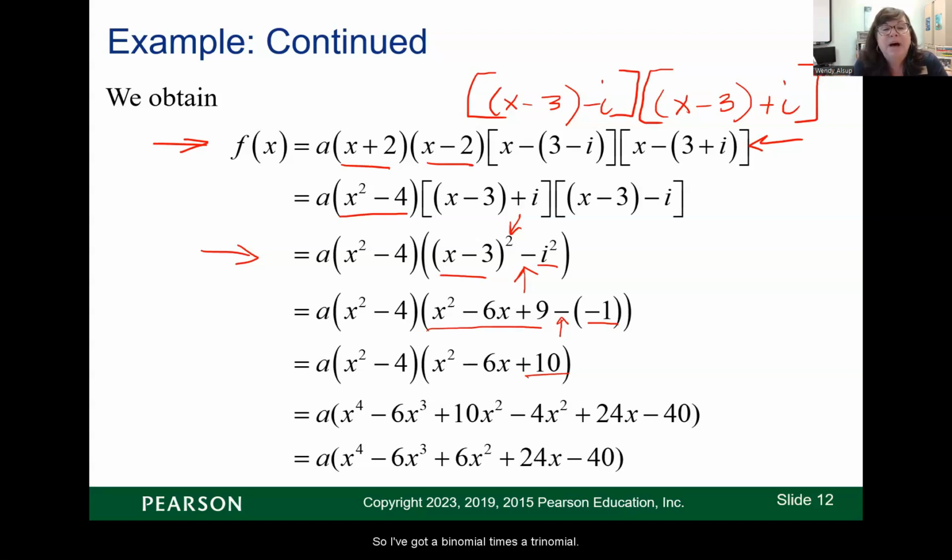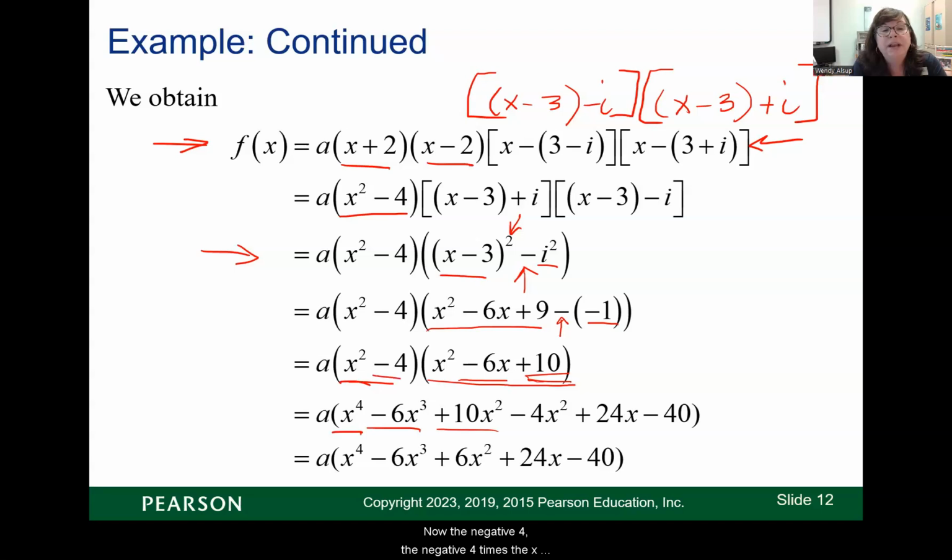So I've got a binomial times a trinomial. The rule is everybody in the first gets multiplied by everybody in the second. So x squared times x squared is x to the 4th. x squared times negative 6x is negative 6x cubed. x squared times the 10 is 10x squared.